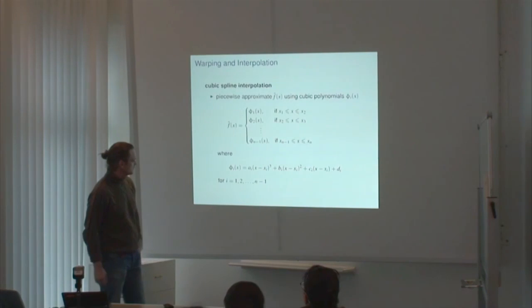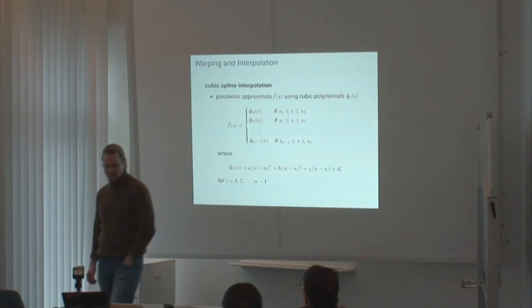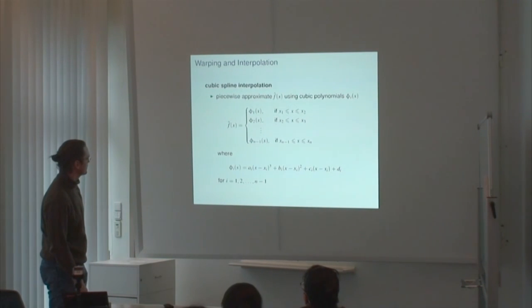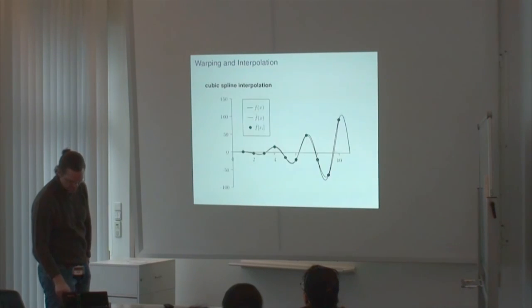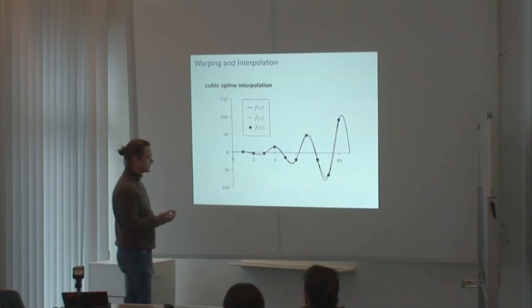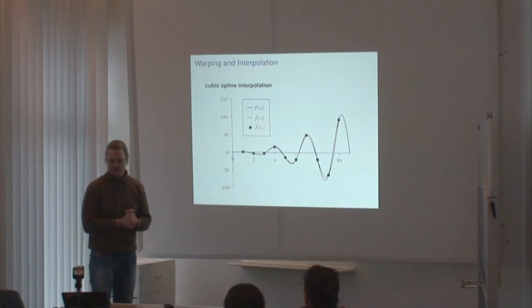And accordingly, it would have 1, 2, 3, 4 parameters which we need to estimate, and we have n minus 1 such polynomials. So a lot of parameters for us to estimate. If we could succeed in doing this, for our example, we would end up with this.